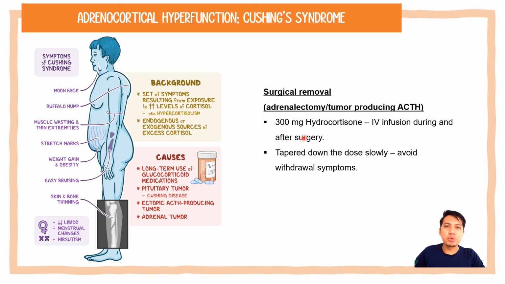Doses of up to 300 mg of soluble hydrocortisone may be given as a continuous intravenous infusion on the day of surgery. The dose must be reduced slowly to the normal replacement level, since rapid reduction in dose may produce withdrawal symptoms including fever and joint pain.